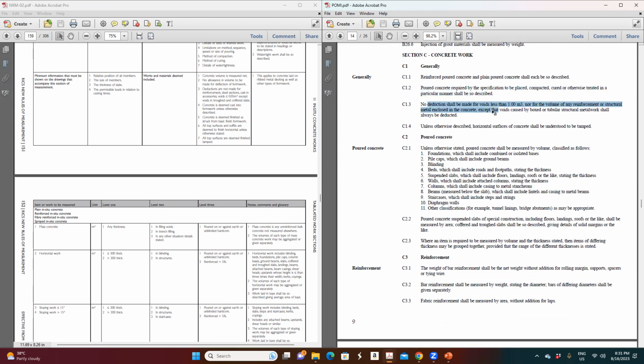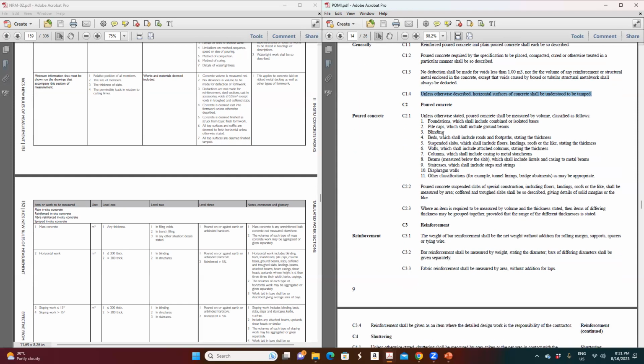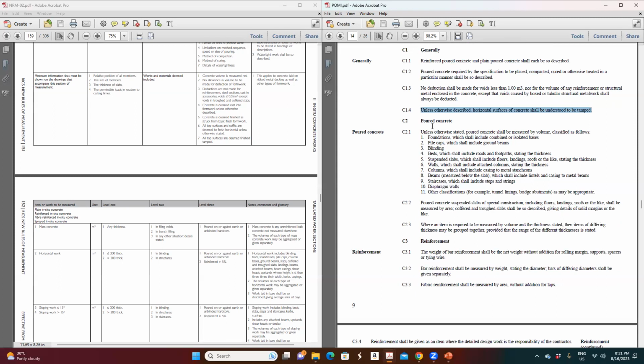This is another general rule. Unless otherwise described, horizontal surfaces of concrete shall be understood to be damp. Then, unless otherwise stated, poured concrete shall be measured by volume. So here they said the unit of concrete should be by volume.